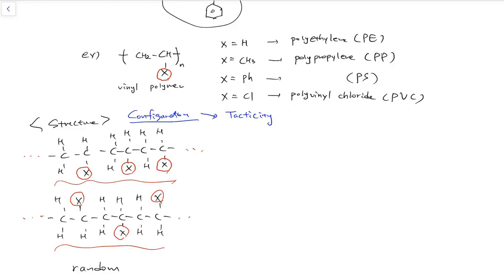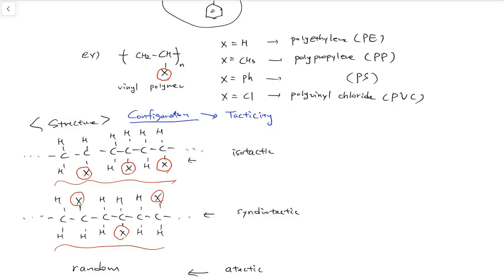The first structure is called the isotactic structure, this one is the syndiotactic structure, and this one with random positions is the atactic structure.